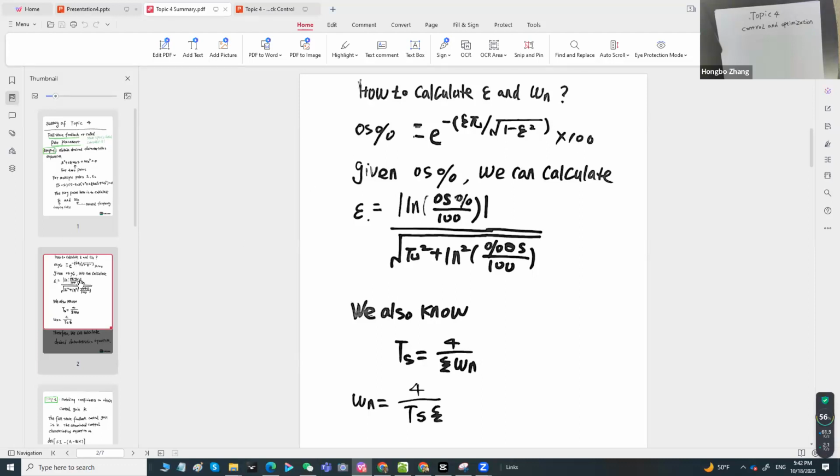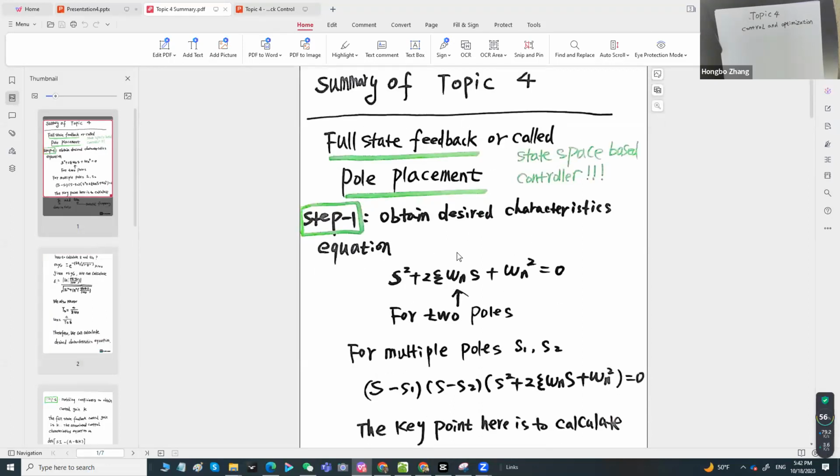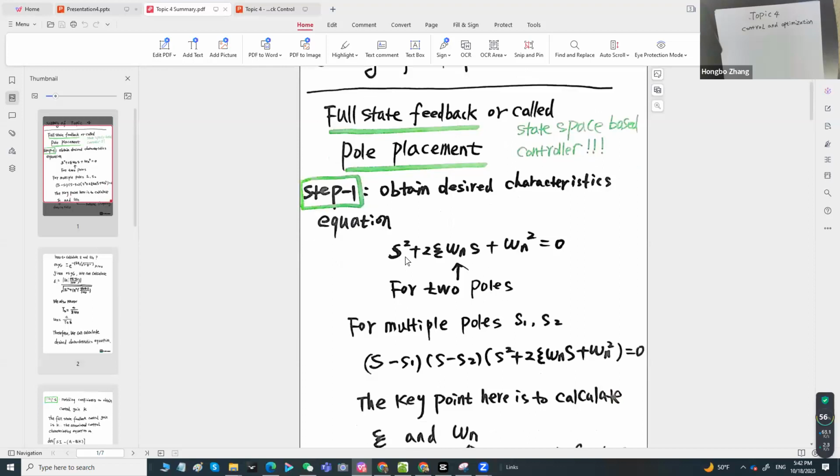All right, so this is step number 1, okay? Once you get the zeta and omega n, plug back, so you can get the characteristic equation, okay? And you say, oh, this is second order, that's not cool. My system must be like third order, fifth order, I mean, it could be, okay.